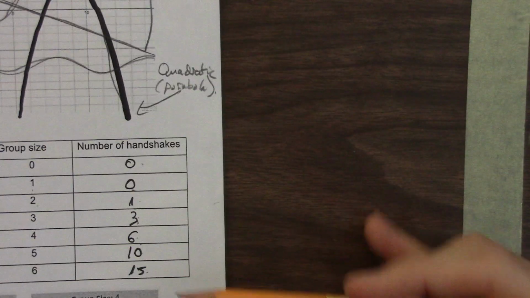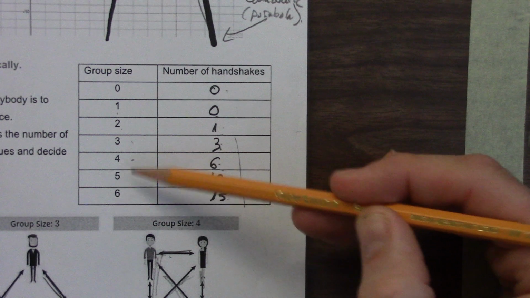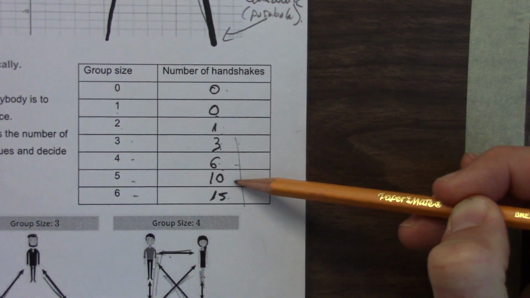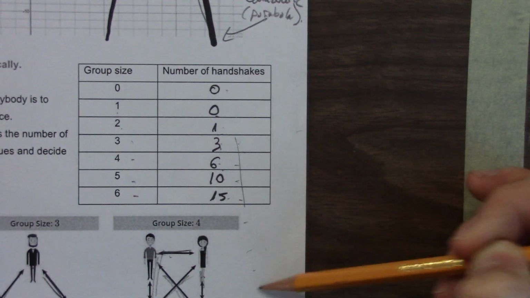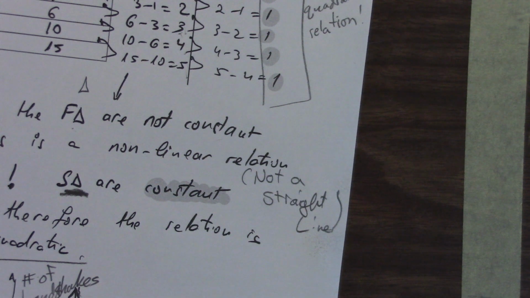Our handshakes are going up a lot faster than the number of people. These are going up by 1. This is going up by 3, 4, 5. It's going up exponentially. Okay? Any questions there? That was example 4.